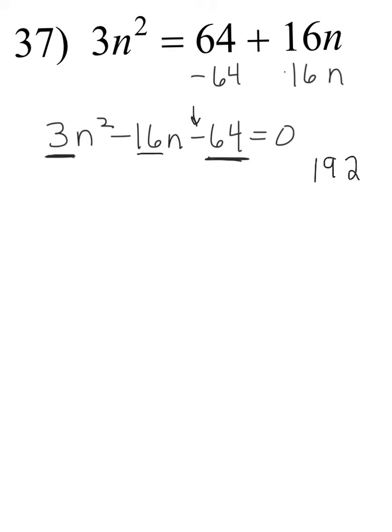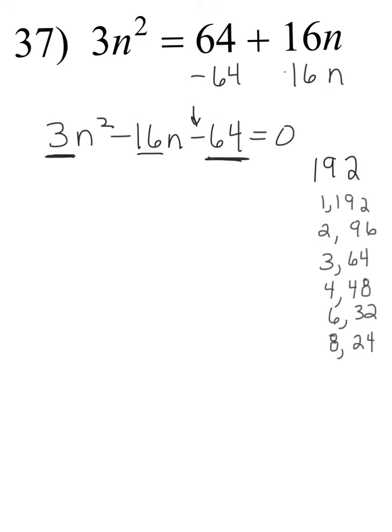So factors of 192 that subtract from one another to equal 16. It takes a little bit of time to write out the factors, but once you get to the factors that subtract to get 16, you can stop, and 8 minus 24 will give us a negative 16. So that's what we want to stop at with our factors, and now we can continue on with our problem.